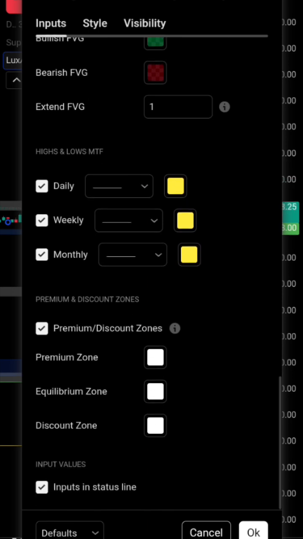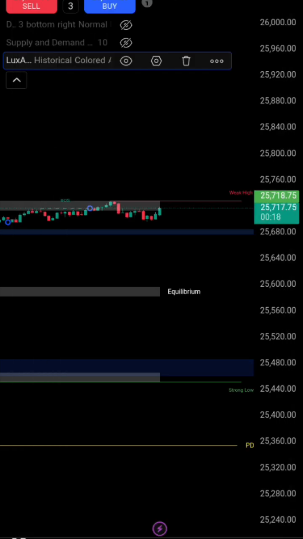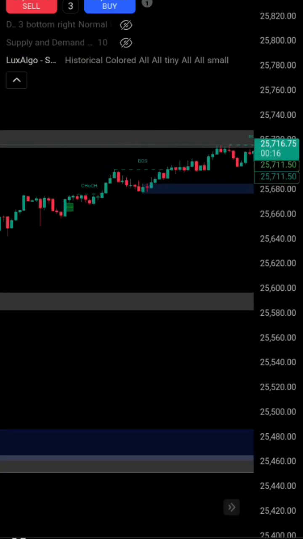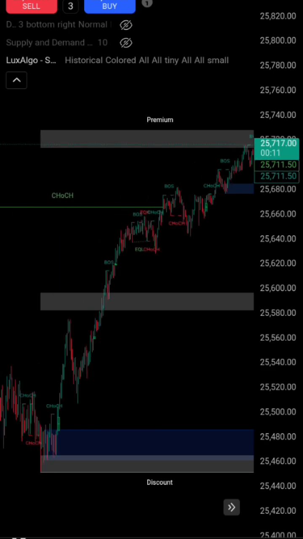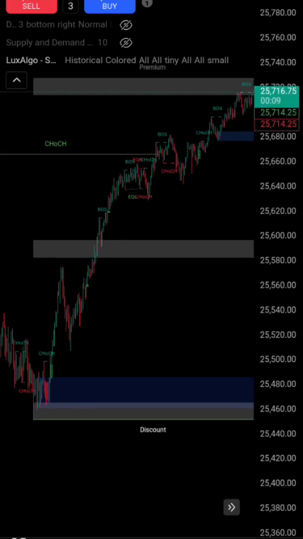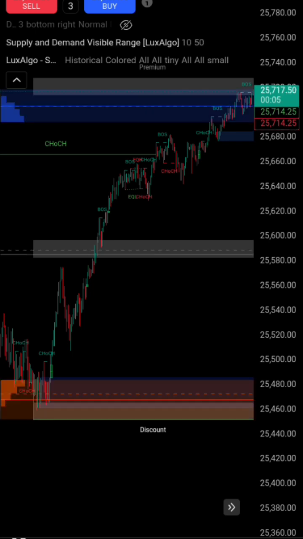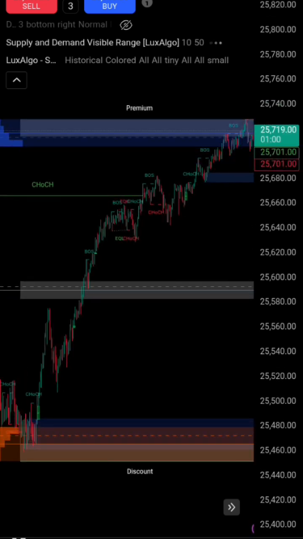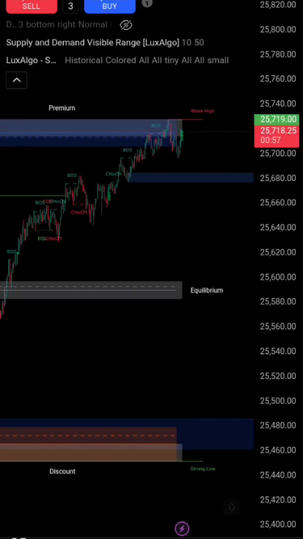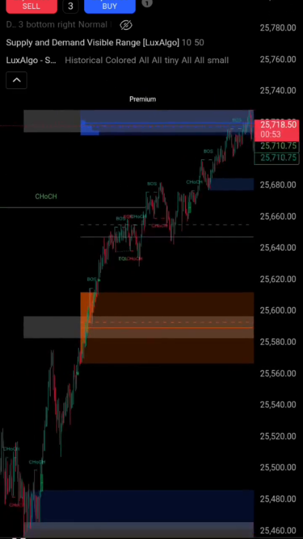And then I always keep the zones, premium and discount zones active, and I just turn them all white. And those zones are going to be the zones that you see on my chart here. You see the premium, and then the middle will be the equal, and then you see the discount. And so if I turn the supply and demand, you see it shows the same thing. So I get that feature along with my breaker structure, change of character, equal highs.